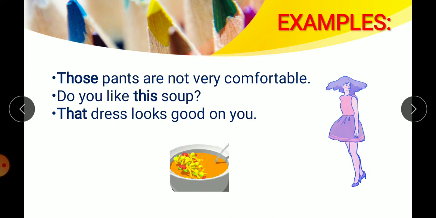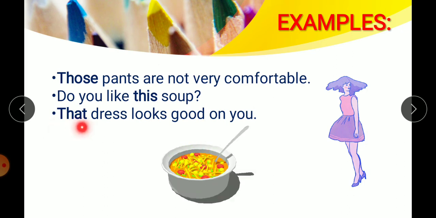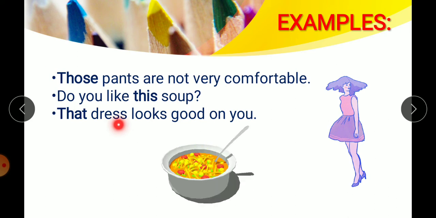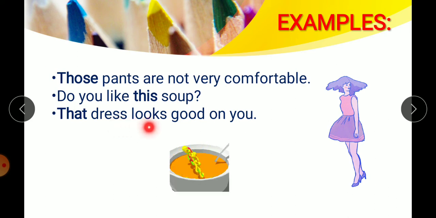So it is exactly pointing out a noun, that is this soup. So soup is a noun. So this के तुरंत बाद noun आया है soup. That dress looks good on you. So that is a demonstrative adjective, and immediately after that there is a noun, that is dress.